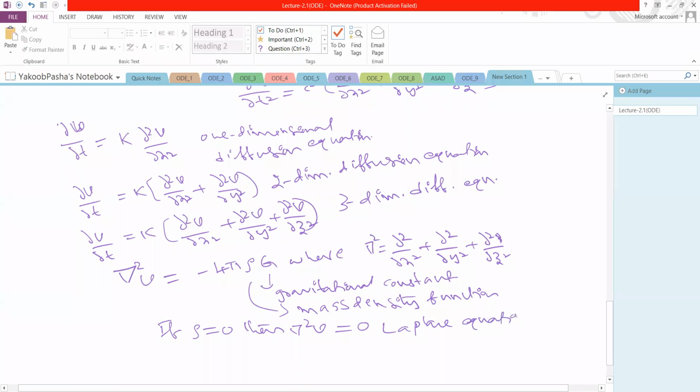That means we have one bit here: if the mass density function of a Poisson equation is 0, then the Poisson equation becomes the Laplace equation. These are the examples of partial differential equations. We have to remember all these equations.